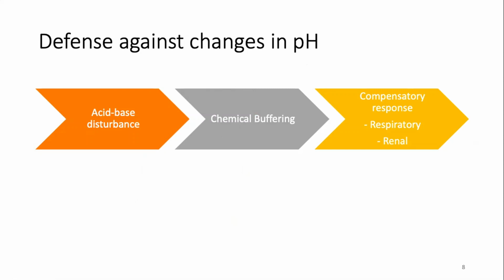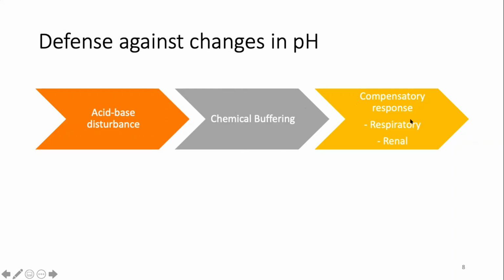For example, if you are eating some lemons, that is acid, so the body will use this first line of defense, chemical buffering, to neutralize those acids. But when this is exhausted, only then will the body turn to the compensatory responses. And for the compensatory responses, we have two: the respiratory and the renal.